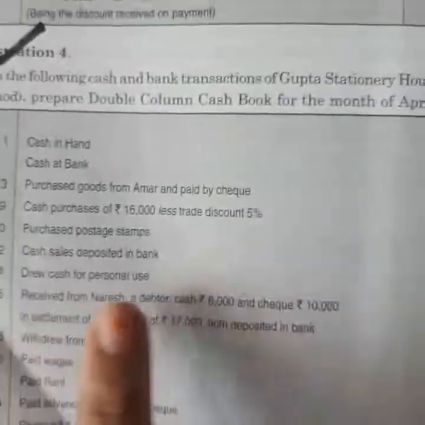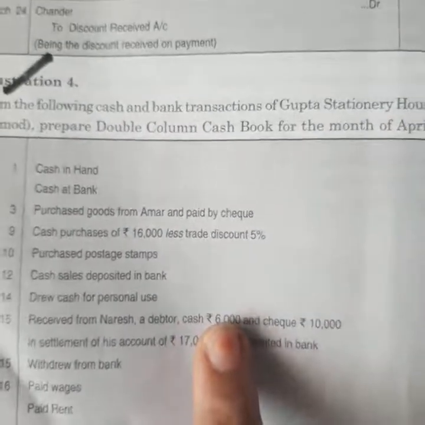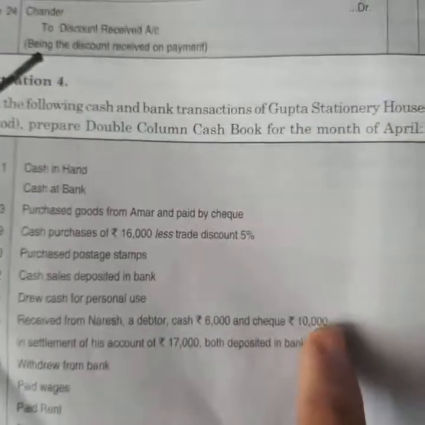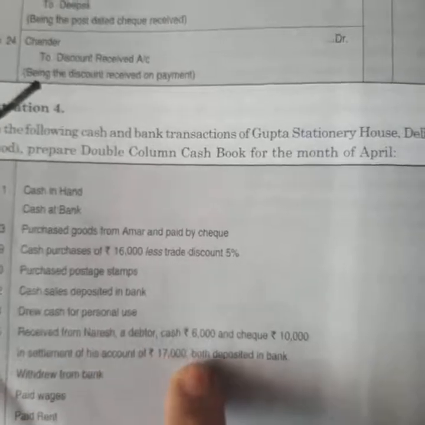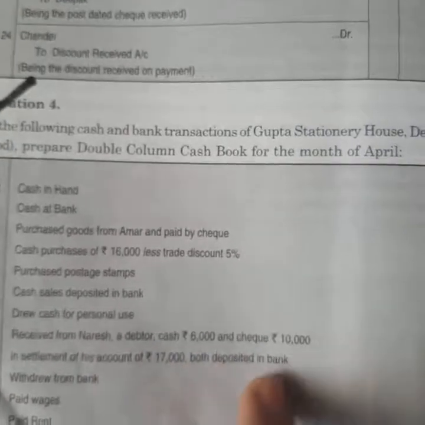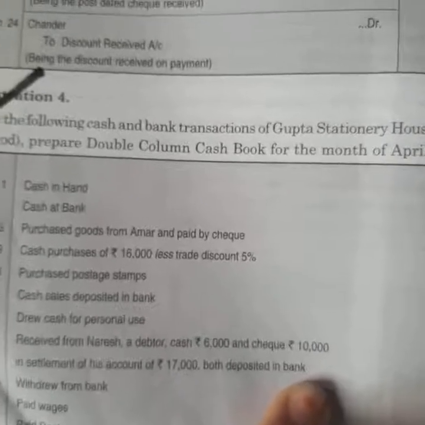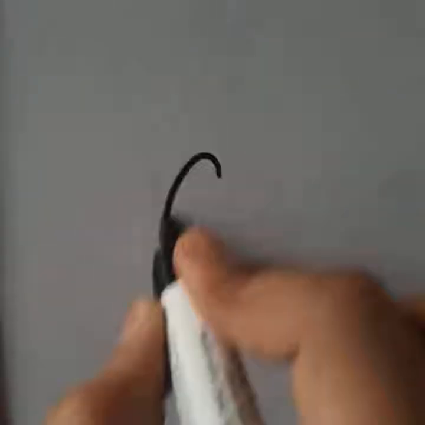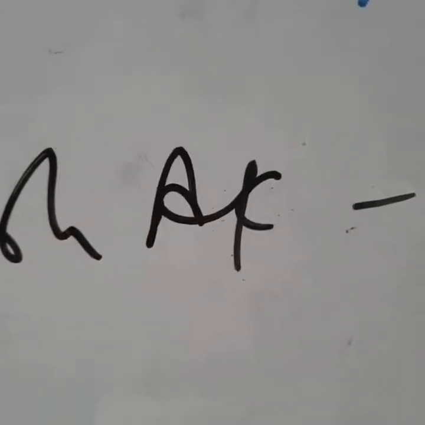Next is received from Naresh, a debtor, cash 6,000 and cheque 10,000. That means in total we are receiving 16,000 in settlement of his account 17,000, both deposited into bank. Firstly, we'll do the entry for receiving the money. We are receiving cash, so cash account debited 6,000.